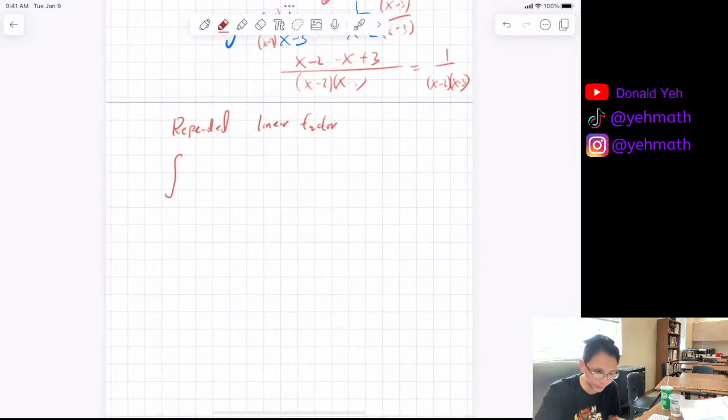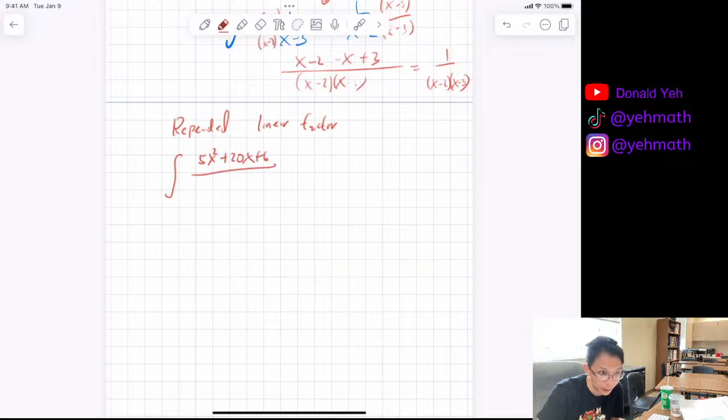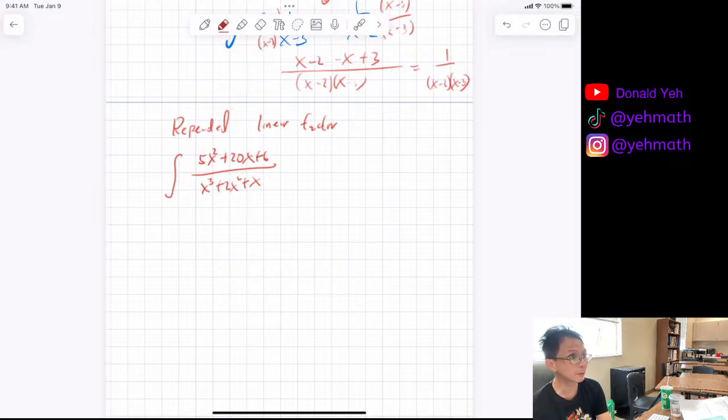Okay, so the next one is 5x squared plus 20x plus 6 over x cubed plus 2x squared plus x. Now what I always do is always completely factor the bottom. Can you completely factor the bottom?